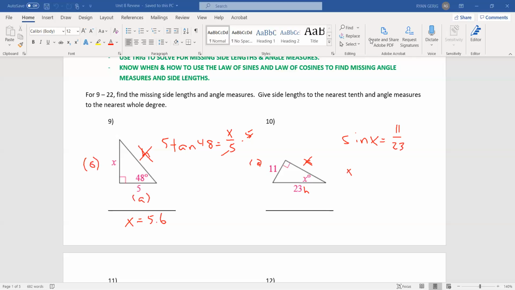We just did one of these a little bit ago, but in case you don't remember, inverse sine. I get 28.57. It says to the nearest whole degree, so 28.5 would be 29 degrees. It's a really bad 9.